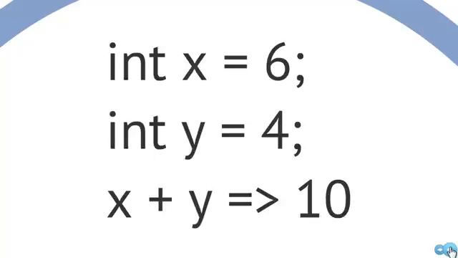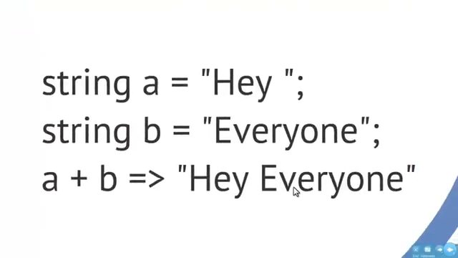Let's take a look at another example. Here we have two string variables, a and b. The string a is "hey", and the string b is "everyone". If we were to see a plus b, since we're dealing with strings, this plus operator is actually performing concatenation.